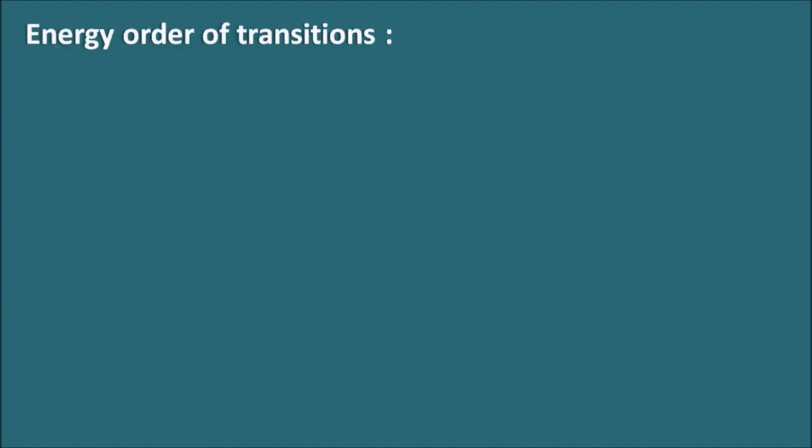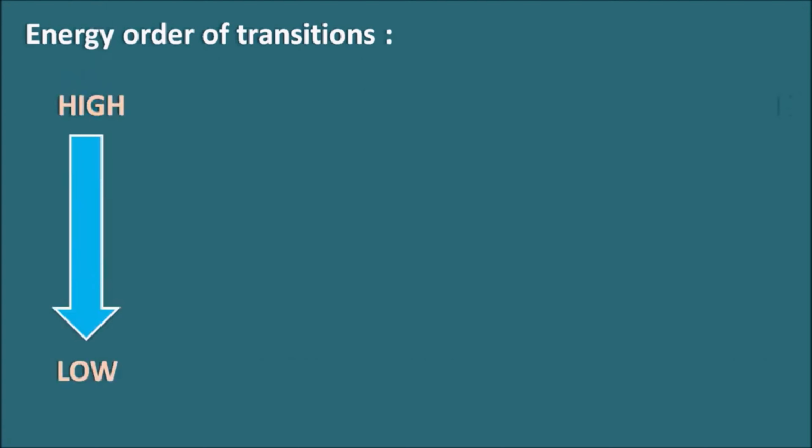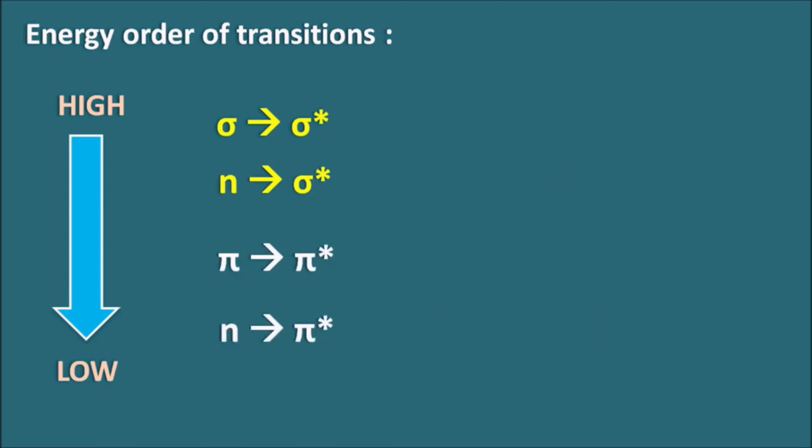Now if we see the energy order of transitions, we can arrange them from high energy to low energy. Already we have discussed that the sigma to sigma star transition requires the highest energy, then the n to sigma star transition, then the pi to pi star transition, and finally the n to pi star transition.